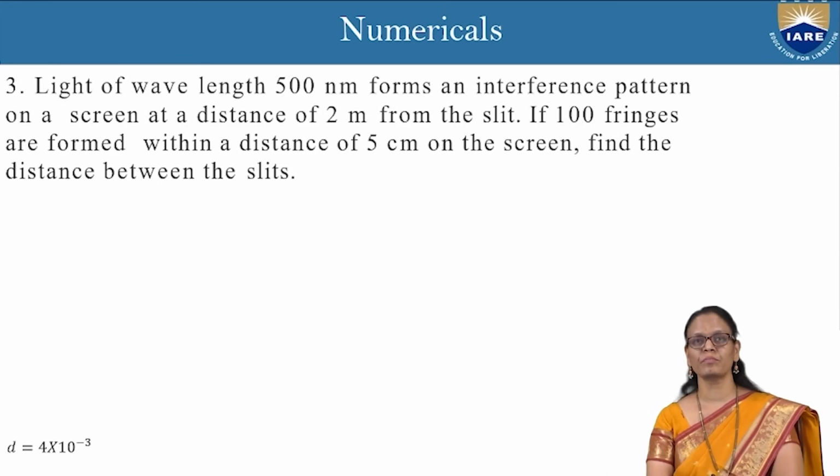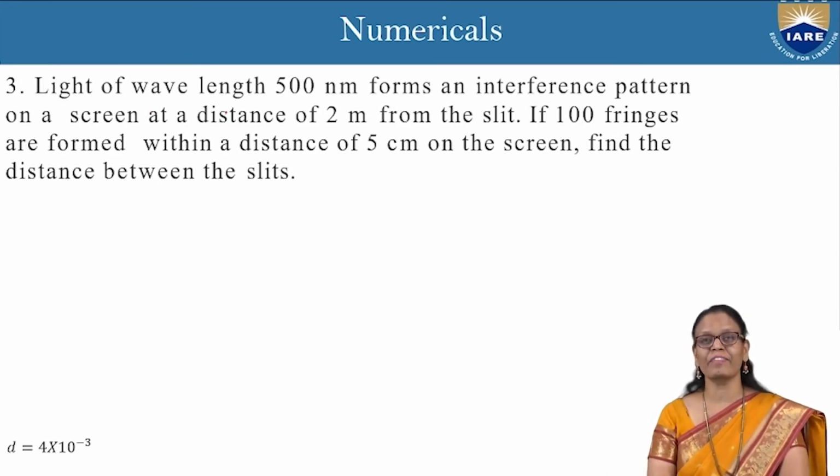Now the third one. Light of wavelength 500 nanometer forms an interference pattern on a screen at a distance of 2 meters from the slit. If 100 fringes are formed within a distance of 5 centimeters on the screen, find the distance between the slits.